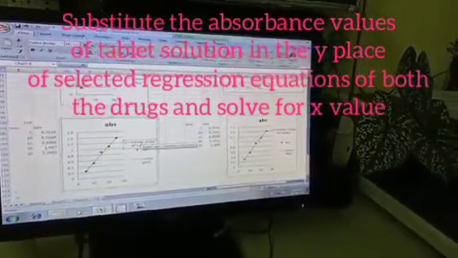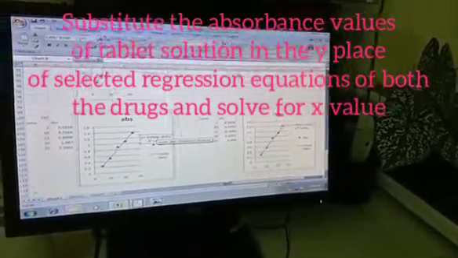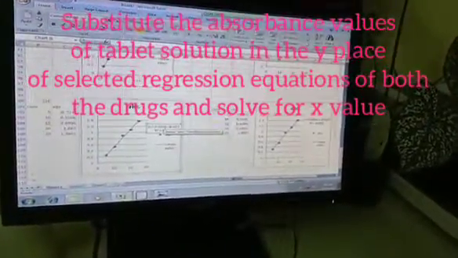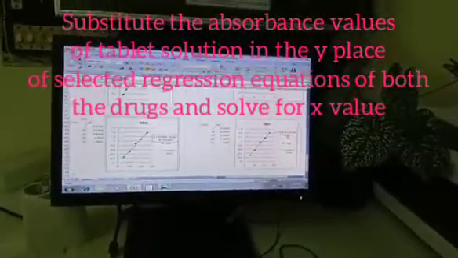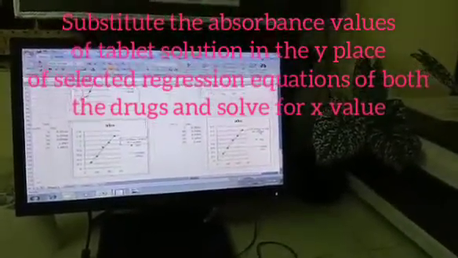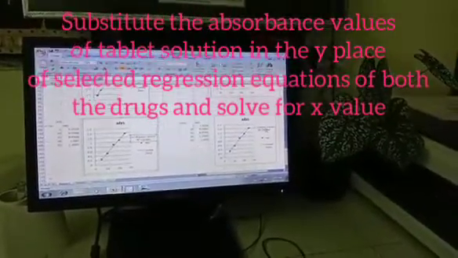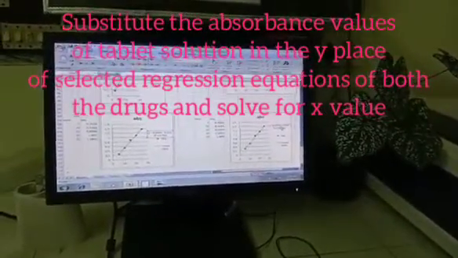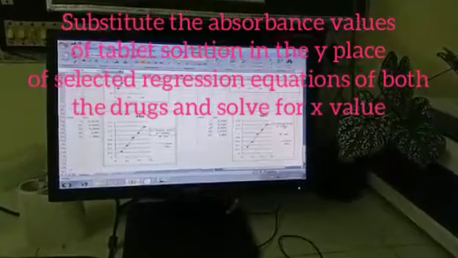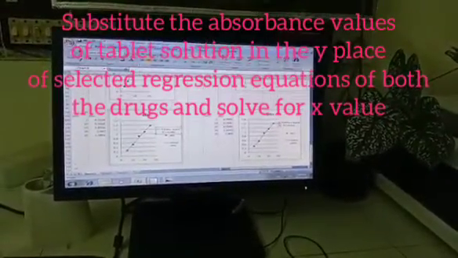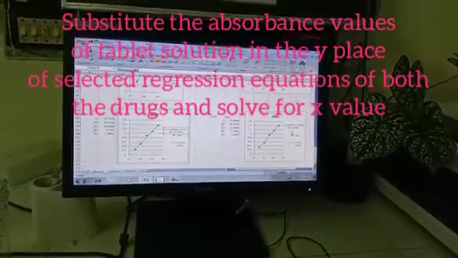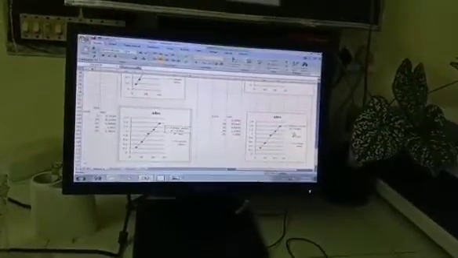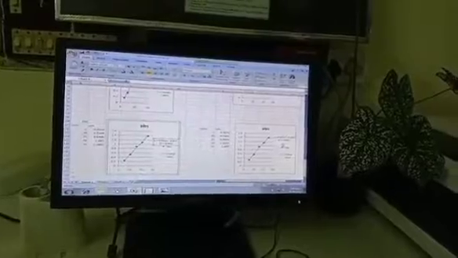Then I will get the amount of drug that is present in the tablet solution for drug 1. This is for drug 2, let me say it as for metoprolol. Whatever absorbance I got in my tablet solution for metoprolol, I will substitute here in the y value and solve for x, where I will get the amount of metoprolol present in the tablet solution. And then I will calculate it in mg.